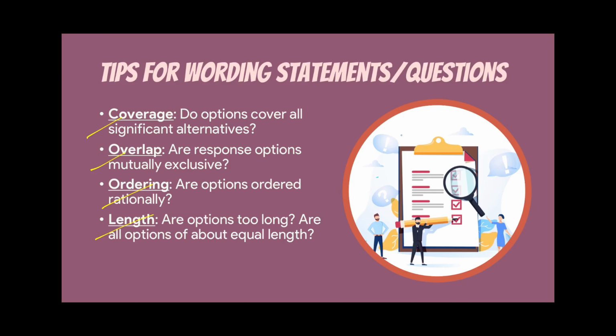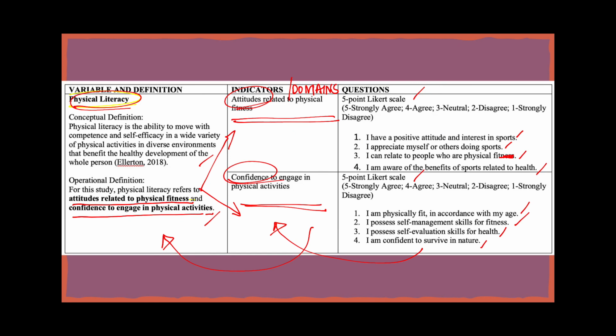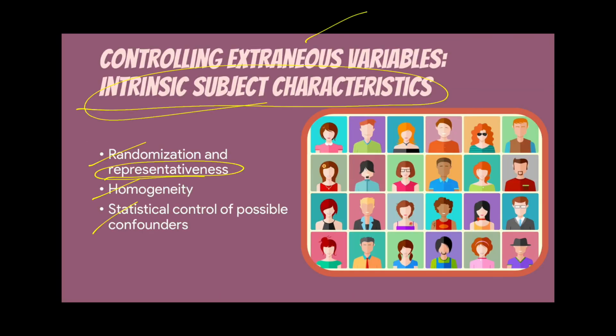They also require this in the instrument section, so that in just one look, we already see the variables, the indicators, and the questions. Probably not this detailed, but a table could help in further describing the instrument.